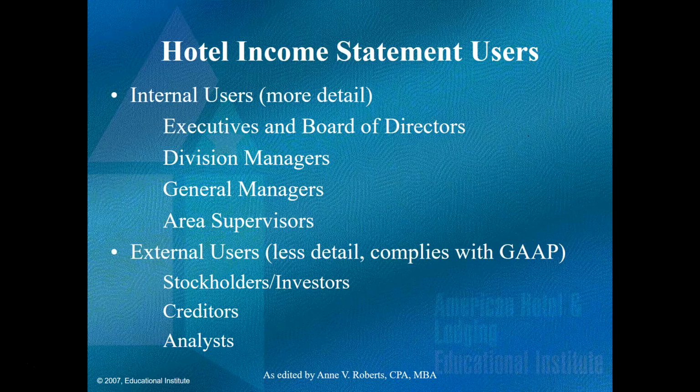When we're talking about internal statements, we can put them together any way that we want to. There are no rules or regulations that we have to comply with. It's just a matter of the internal functioning of the company.